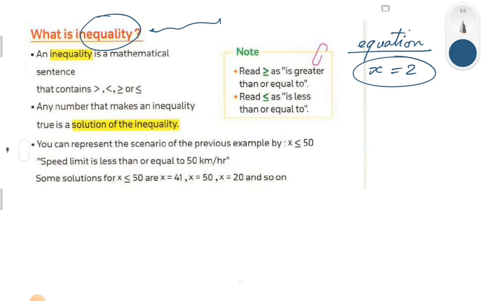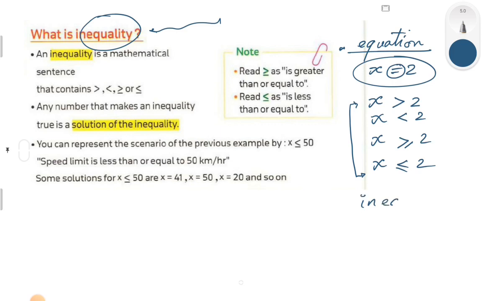We called this mathematical sentence an equation, but if we change this equal to be like that, x greater than 2, or x less than 2, or x greater than or equal to, or x less than or equal to, now it's not an equation. We call this form inequality.